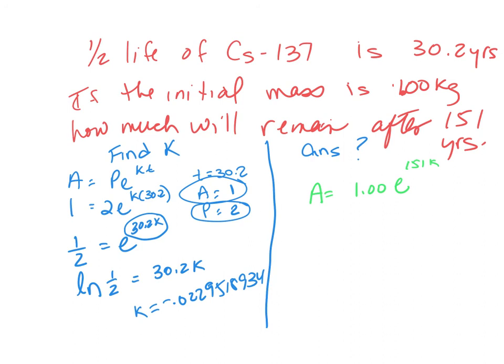You're probably going to have to rekey it. So if we put 1 times e to the 151 times second answer. Where's e? e is above the division sign. Okay. You should get that A equals 0.03125.